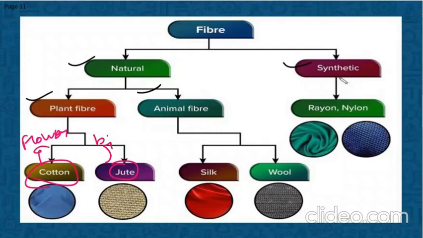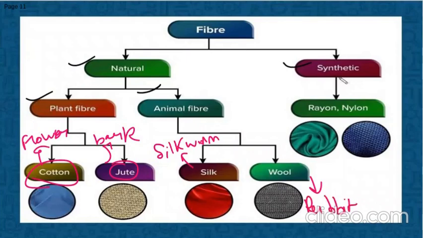And jute is nothing but the bark. It's very tough, right? So the bark of that is the jute. In animal fibers, we have silk and wool. Silk we obtain from the silkworm, correct? And talking about wool, we get it from rabbits, then we get it from sheep, correct? From all these animals we get the wool.